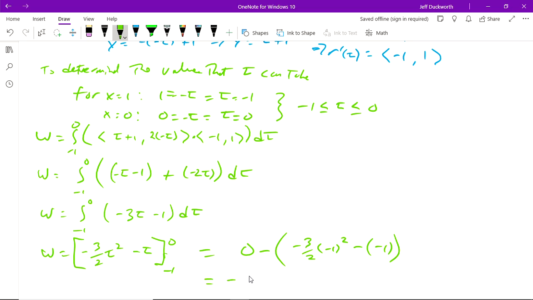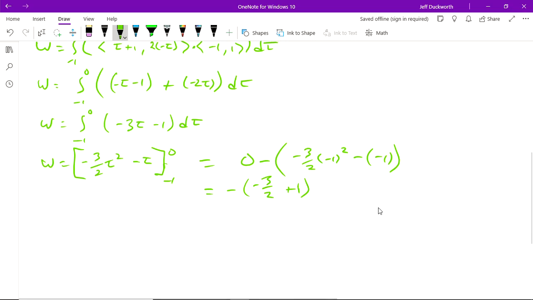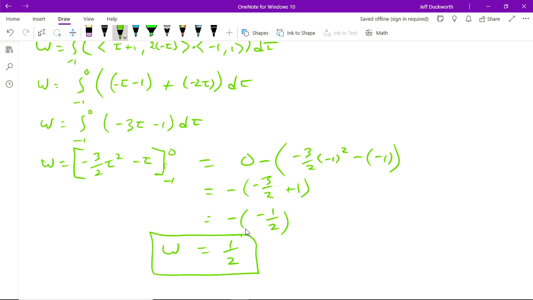This is going to be negative 3 halves because the negative 1 will square to be 1. This is plus 1. All right, so that means we have negative 1/2, and subtracting it gives 1/2. And this is our work. So work equals 1/2, whatever the units would be.